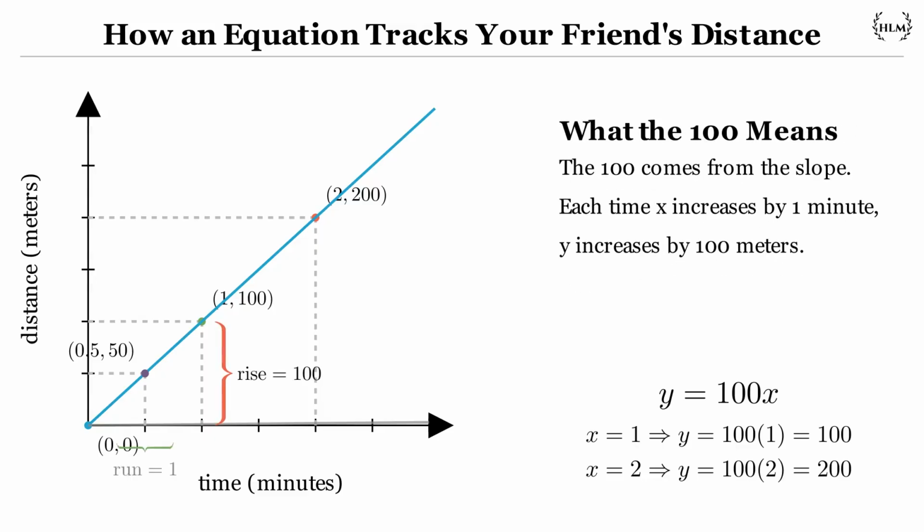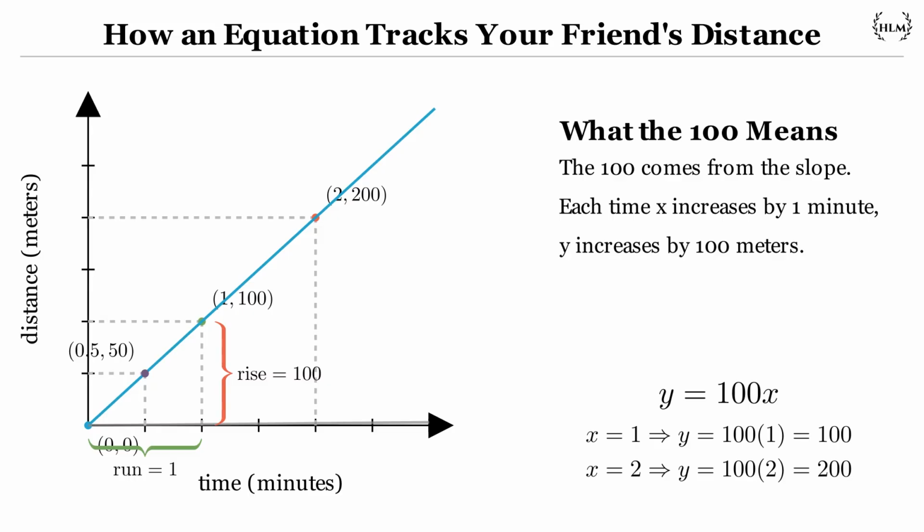So where does this 100 really come from if we look at it graphically? The 100 actually comes from, if you look at it closely, from 0, 0 to 1, 100, the rise, so how much the y value changes every time an x value increases by 1. So if x increases by 1, how much did the y change?